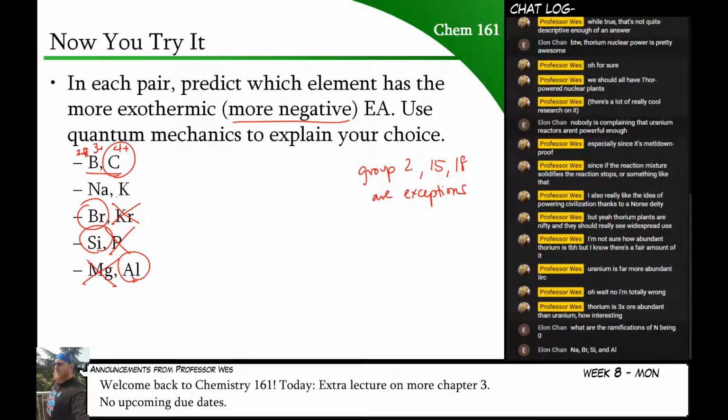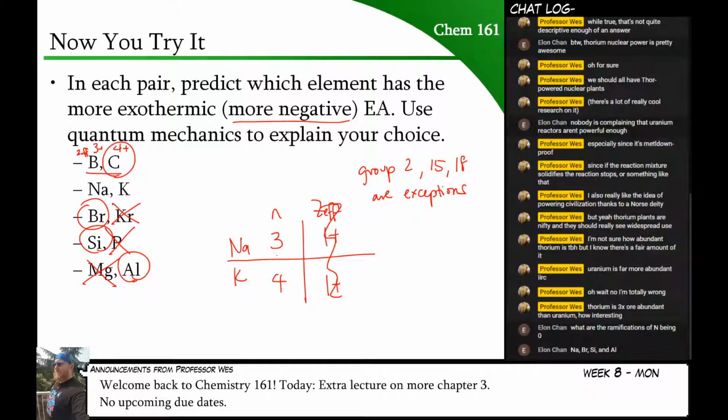Now we'll go back and do the quantum mechanics explanations in just a second, but let's do the last one that's left here. So for the sodium and potassium one, we could still do this little table like we've been doing before. And we can see, oh, they're the same Z effective. It's not going to affect it.